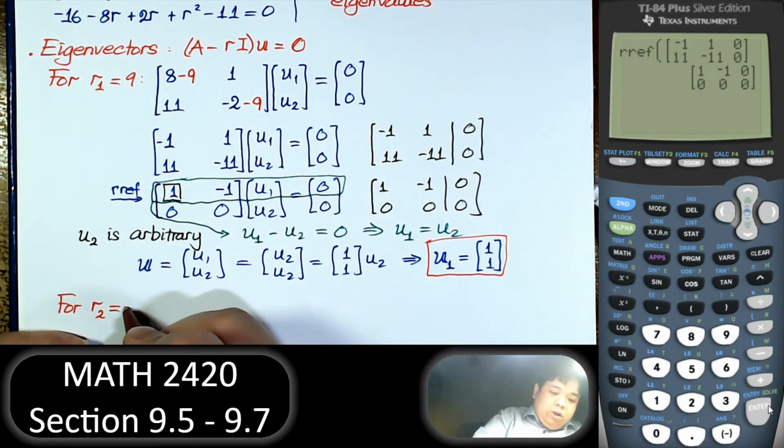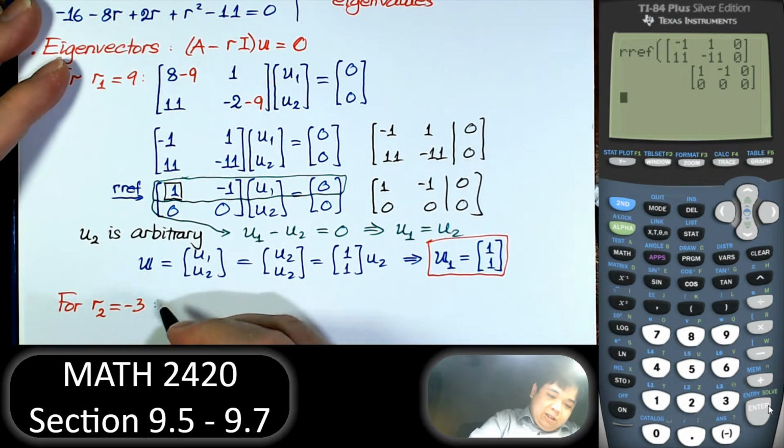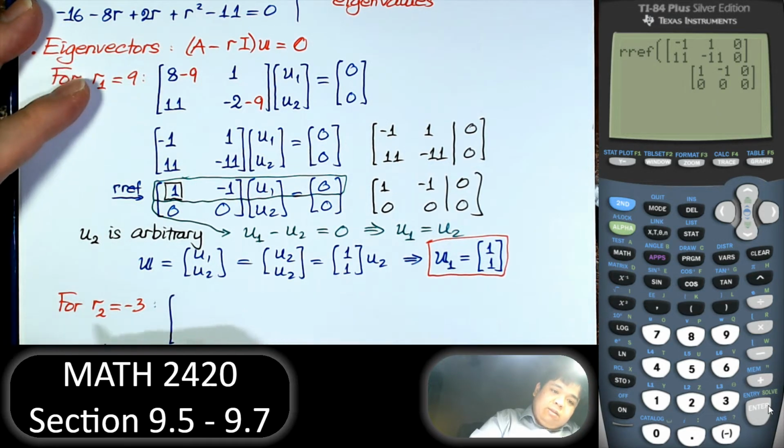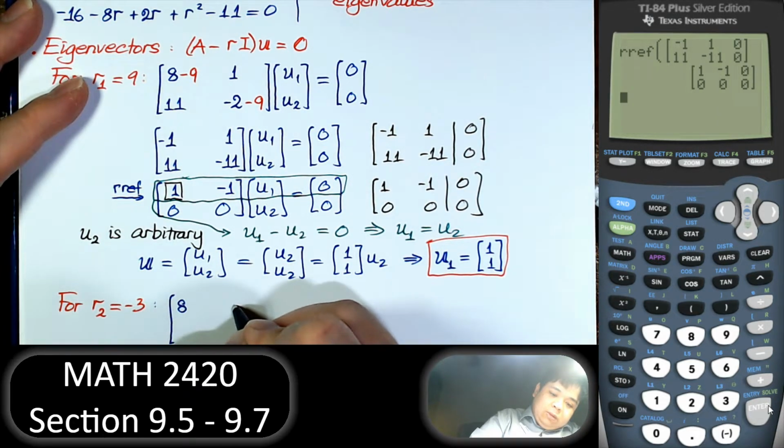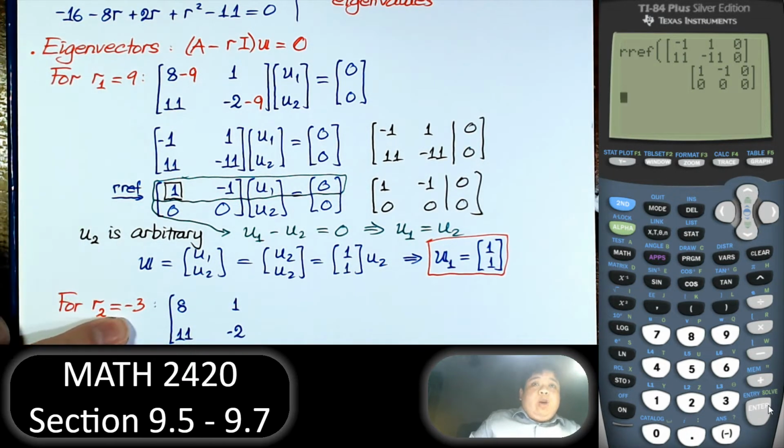Now, to find the other eigenvector corresponding to negative 3, do the same thing. The matrix is originally 8, 1, 11, negative 2. We subtract the eigenvalue on the diagonal.